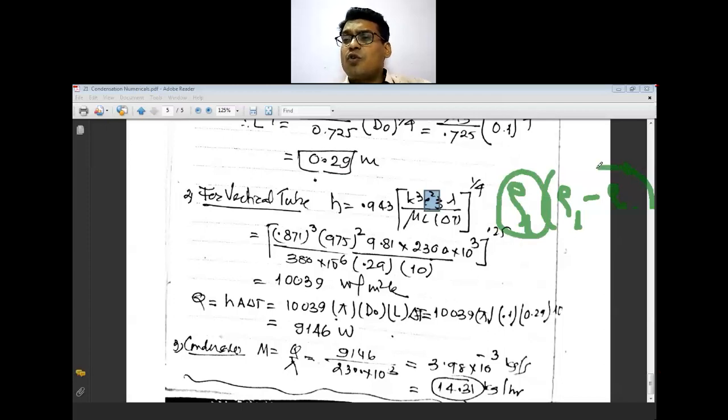This value of rho L minus rho V becomes a negligible change, and it can be taken as rho square. So don't get confused with the other book numericals or other book derivations. There, this rho square can be modified with rho L into bracket rho L minus rho V. This change you can observe in a few books.